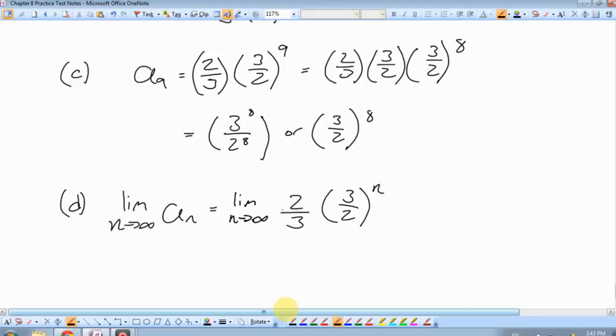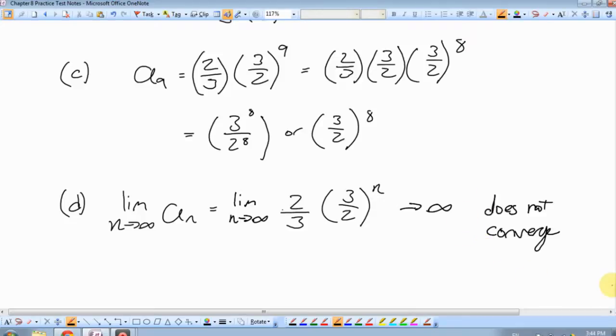A few things to think about here: notice the thing that we get multiplied by over and over again is 1.5. That's always going to make the result bigger. So actually this approaches infinity. So it does not converge. It diverges. Now, in years past, we had talked about this, that the only way that this geometric sequence is going to converge is if that ratio is less than 1.